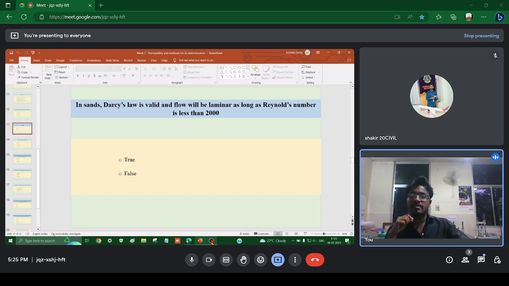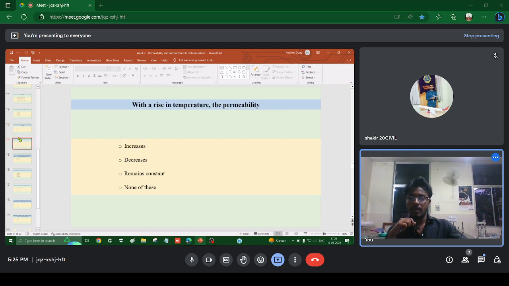I'll repeat once. In sands, Darcy's law is valid and flow will be laminar as long as Reynolds number is less than 2000. Is this statement true or false? Next question.